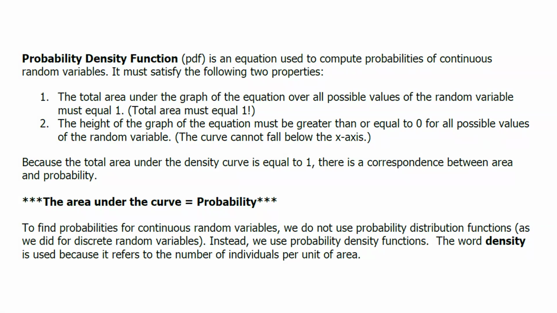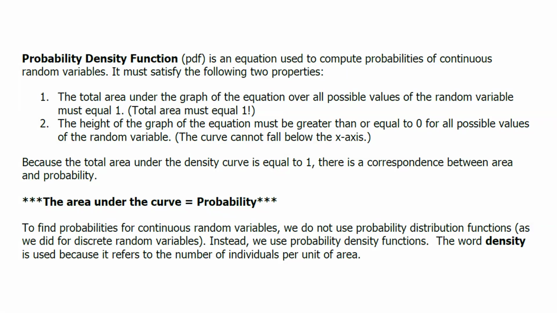Number 2, the height of the graph of the equation must be greater than or equal to 0 for all possible values of the random variable. So the curve cannot fall below the x-axis, and it is approaching 0 to the left and to the right of the curve. This is also similar to probabilities, where the probabilities must be greater than or equal to 0.